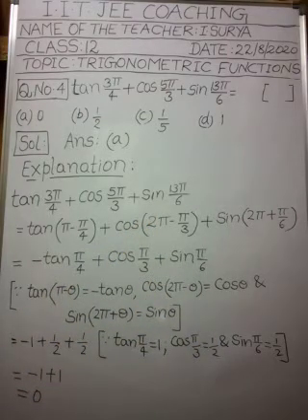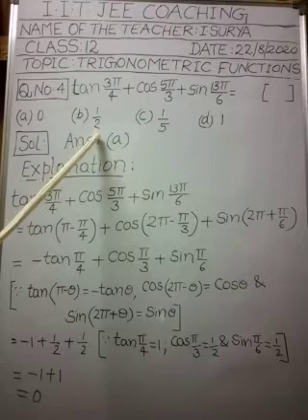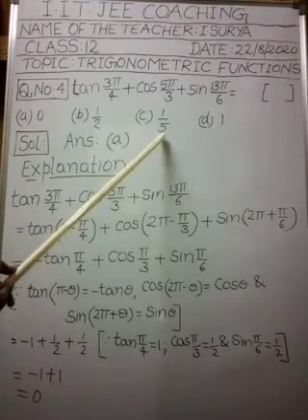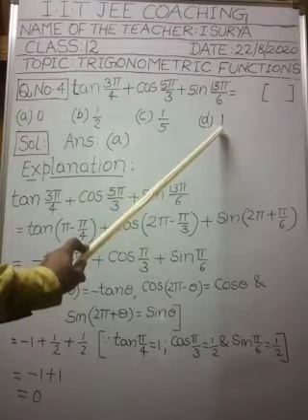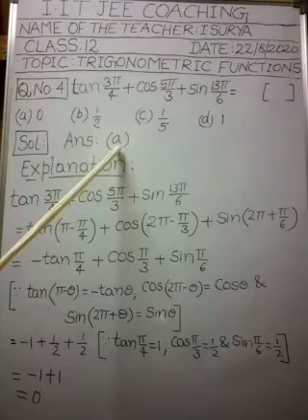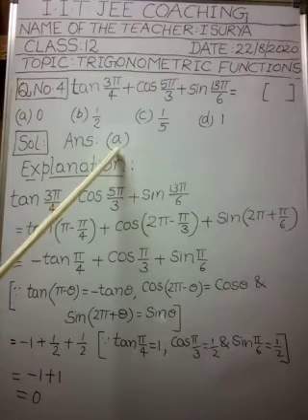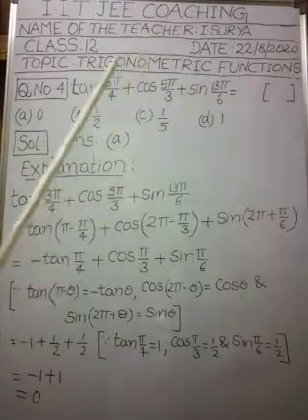See the options here. First option is 0. Second option is 1 by 2. Third option is 1 by 5. And the fourth option is 1. Out of these four options, the first option is right. The value of this expression is 0.